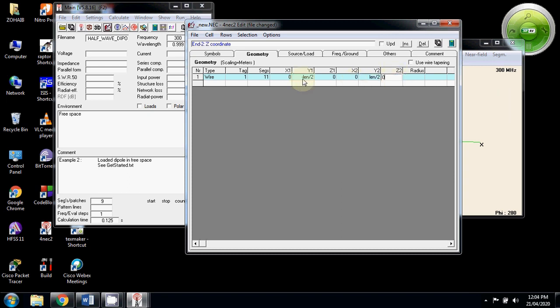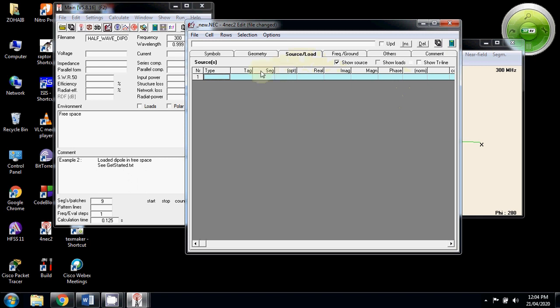This will make our antenna start from minus length by 2 and end at length by 2, and all other things are 0, so our antenna will be placed on the y-axis. The radius should be diameter divided by 2. We have already specified a variable known as dia.